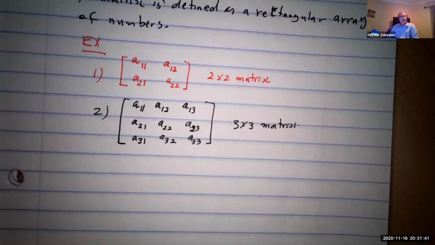As you can see, each member has two indexes, one for the row and the other for the column.